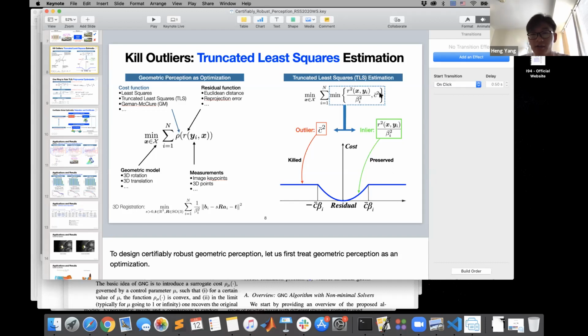So you can set beta to be the standard deviation, and you can set C bar square to be 3, for example, or 9. So this is basically the interaction of noise and outliers. These hyperparameters are not really that sensitive in terms of empirical performance. We found that it performs quite well within some large range.